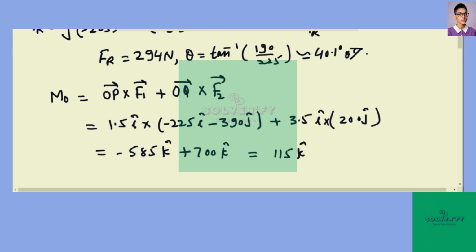So our answer will be 115 k cap Newton into meter. First I am writing the unit, so that will be Newton into meter. K cap means it will be in anti-clockwise direction.